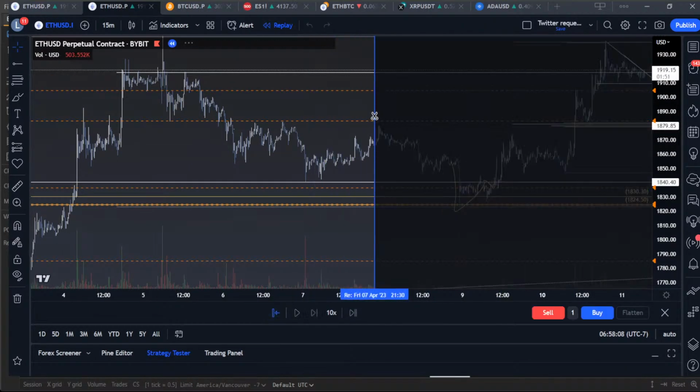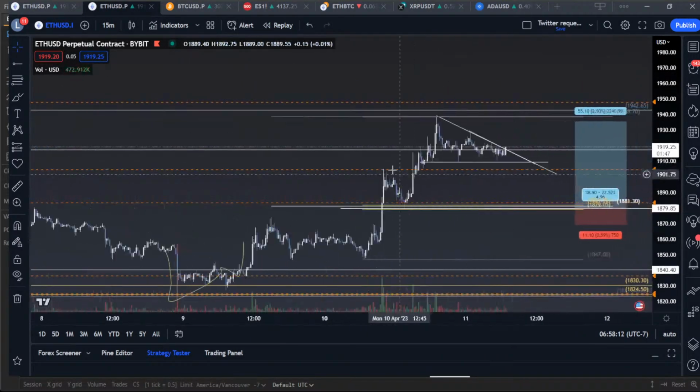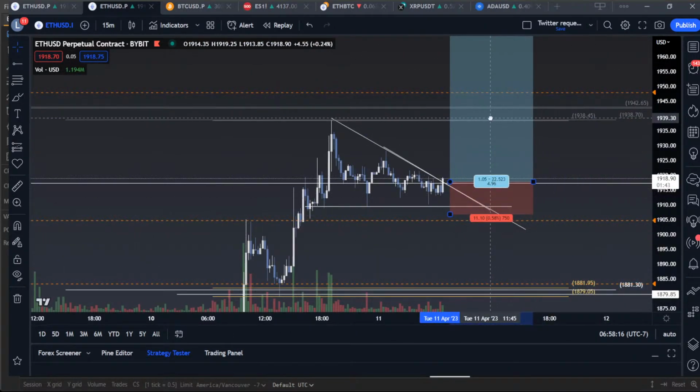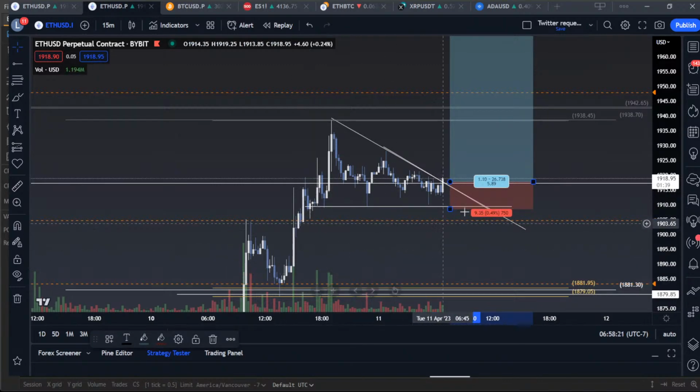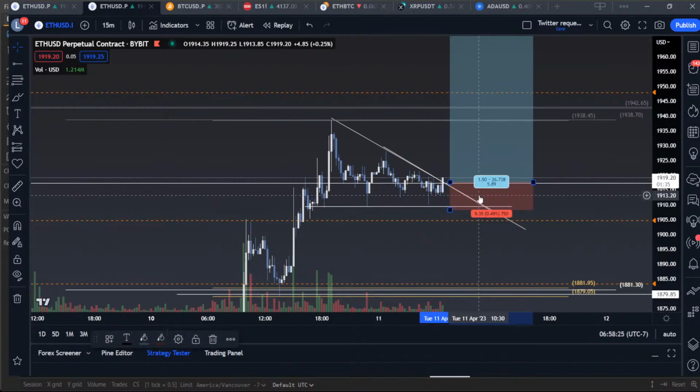Okay, can we just get out of this? So, in the context of what I was saying with ETH, you could consider this idea as a bit of a breakout long idea with pretty tight invalidation. I don't think it's unreasonable at all.